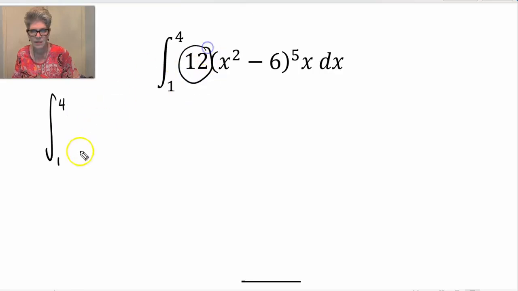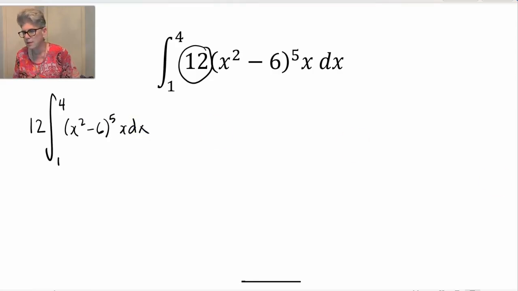And I'm actually going to take this constant and I'm going to put it out the front, because if it's part of a product, you can do that. Okay. So I did say that I wanted u to be what's inside the parentheses here.